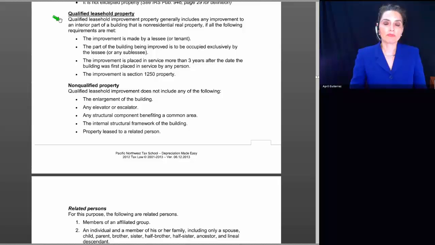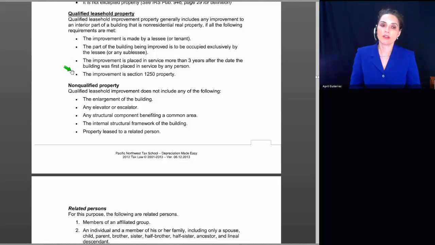Qualified leasehold improvement property generally includes any improvement to an interior part of a building that is non-residential real property, if all of the following requirements are met. The improvement is made by a lessee or tenant. The part of the building being improved is to be occupied exclusively by the lessee or any sublessee. The improvement is placed in service more than 3 years after the date the building was first placed in service by any person, and the improvement is Section 1250 property.